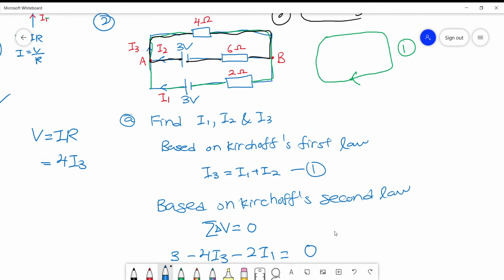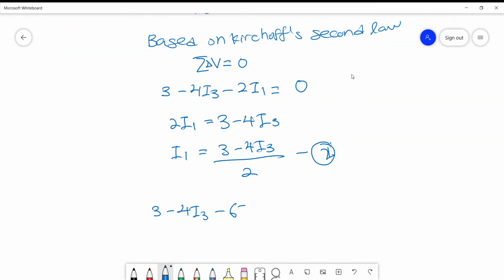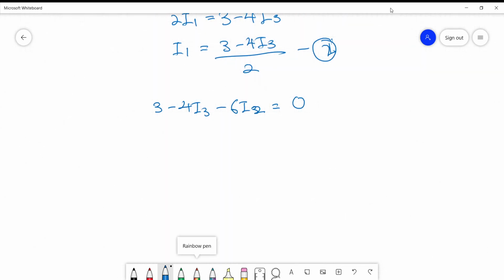Moving back to the second floor, here we have the 6 ohm resistor, which lies in the region of the second current. We express it as electric potential, so we have 6I2, and we minus all of it to get 0.